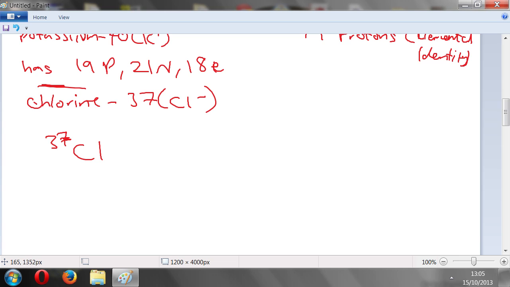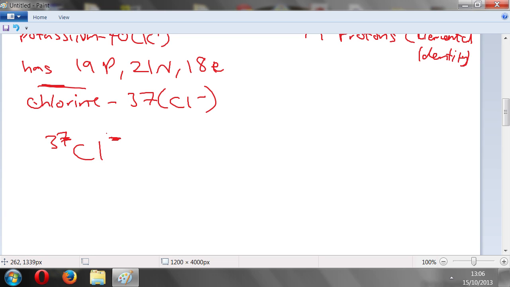We've got a negative ion here. So let's try and do this in a slightly more structured way than I did the last one.